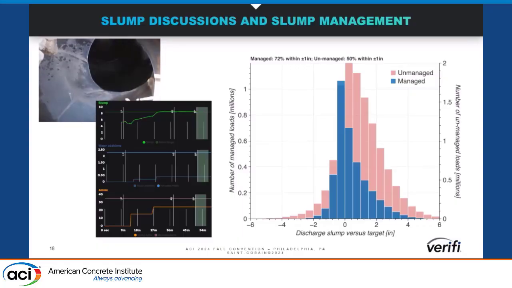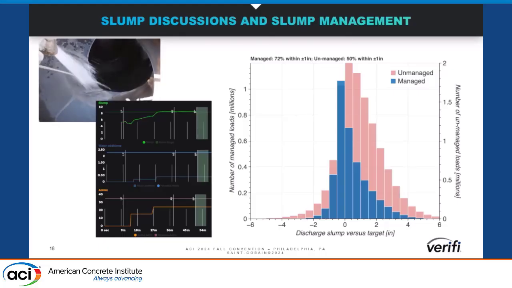It's not rocket science, it's not crazy, but when you actually start to manage the loads, the variability goes from what's in the red to what's in the blue, right? And just to draw your attention, the y-axis, this is in millions of loads. So again, this isn't like a lab kind of prototype thing. This has been something that people rely on day in and day out.